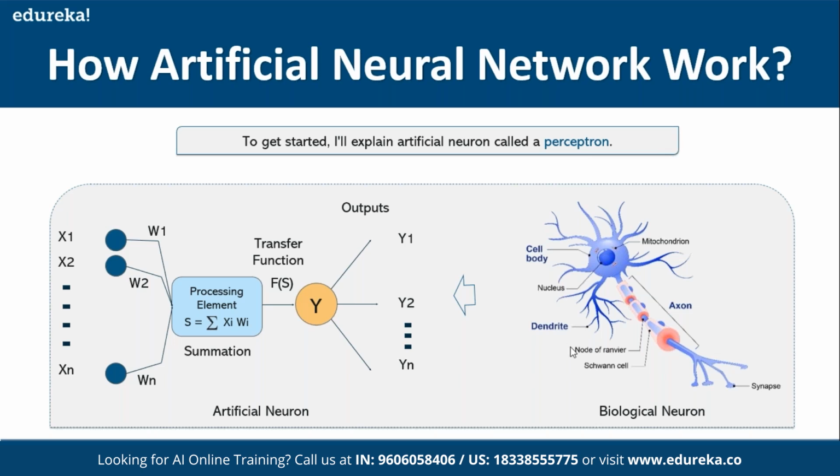Here is your output, which becomes the input for your next neuron. So you build multiple artificial neurons and make a network which eventually gets called a neural network. So every artificial neuron has an input and has an output.